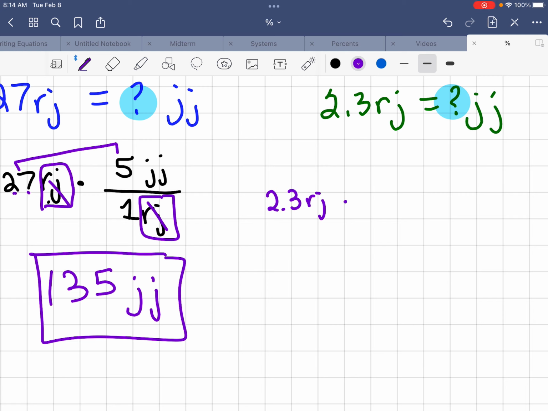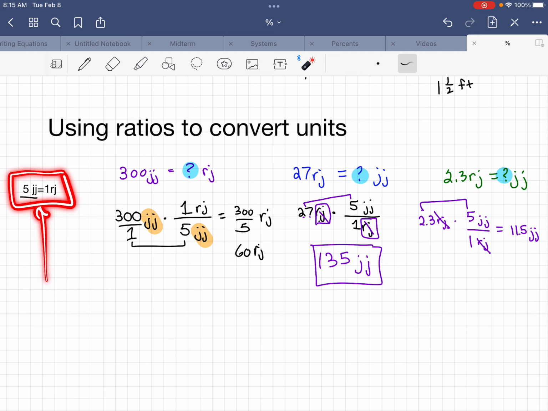And then we're going to use the same conversion factor. The RJs cancel. I multiply, and I get 11.5 JJ. So that's how you can use a ratio to convert units. All you need to know is that original equation of how many of one equals the other.